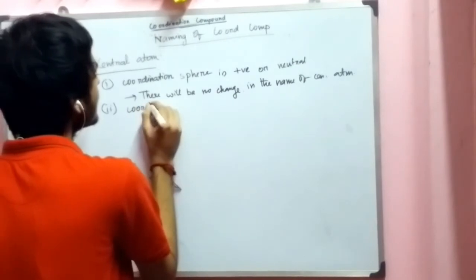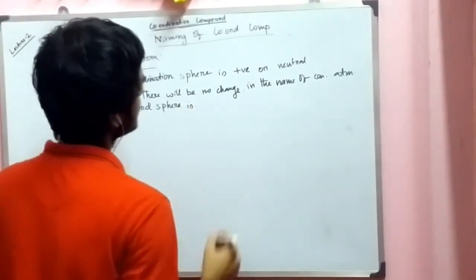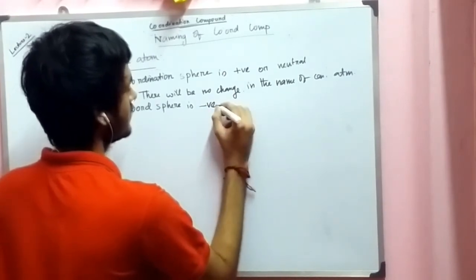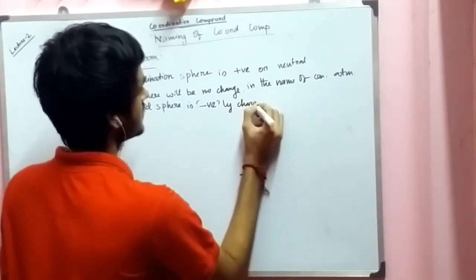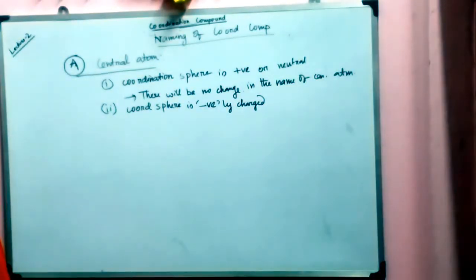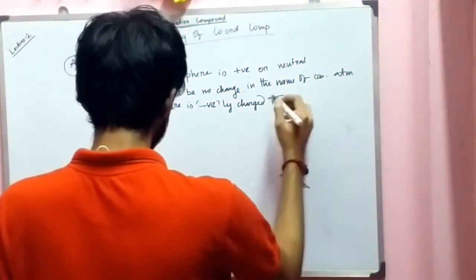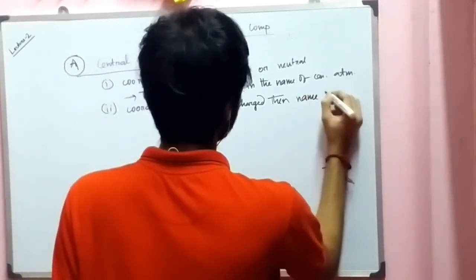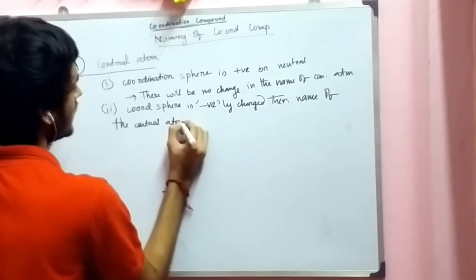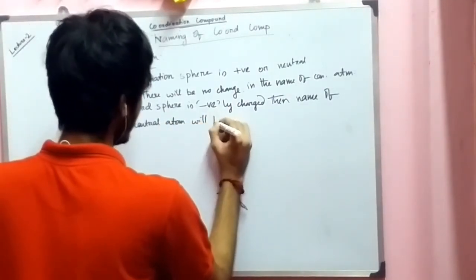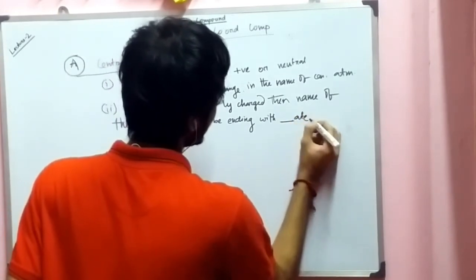In the next point, if the coordination sphere is negatively charged, then the name of the central atom will be ending with ATE or 8.